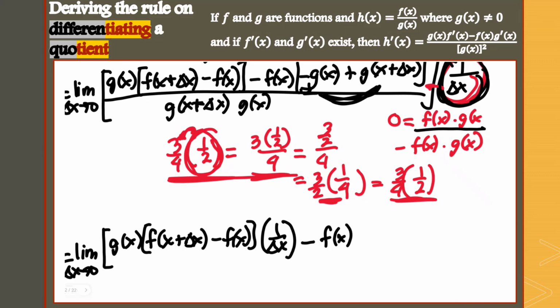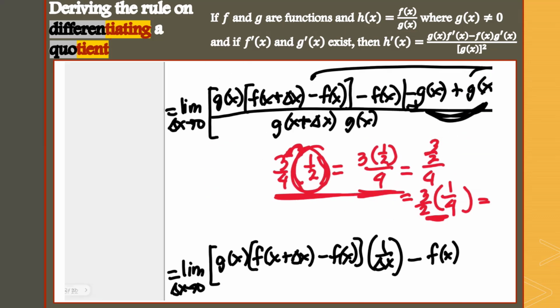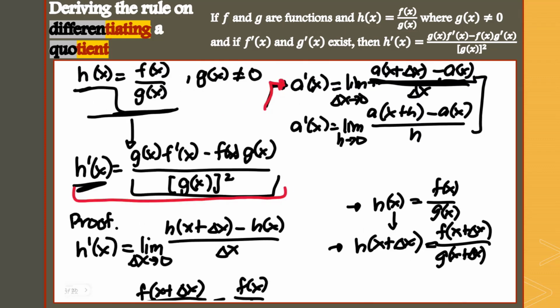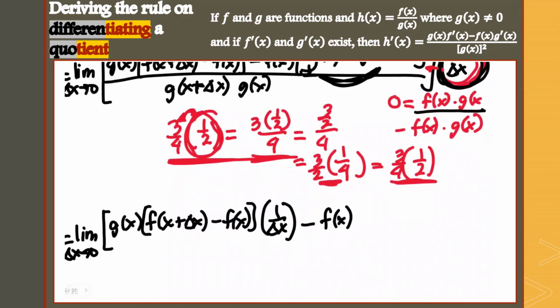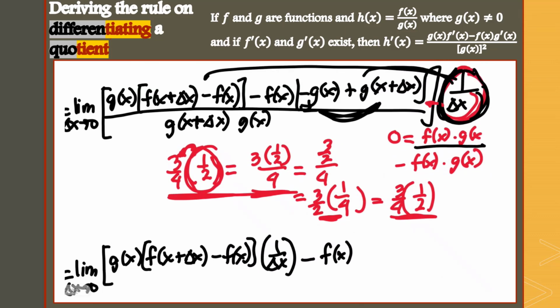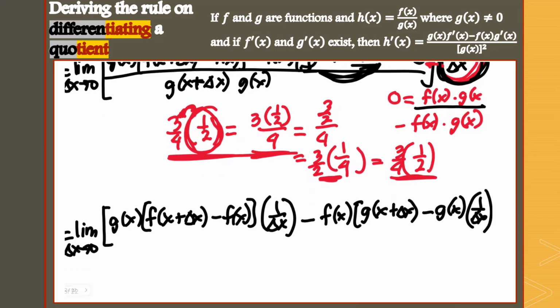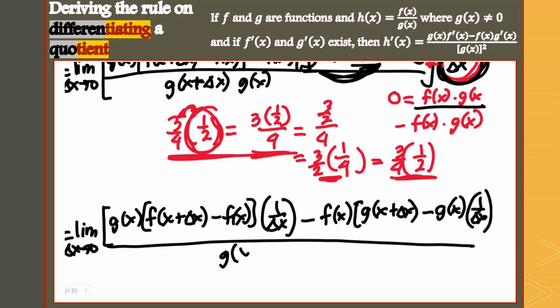So I will have the same format as the definition here. Okay, so you will have to start with g of x plus delta x positive, and since this is negative, so minus g of x times 1 over delta x now. Okay, they're all over g of x plus delta x times g of x.